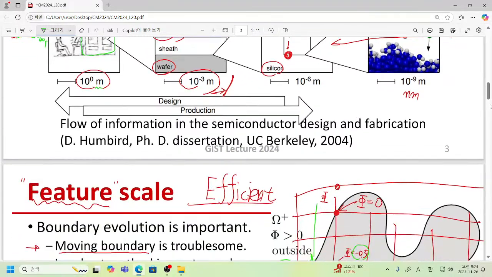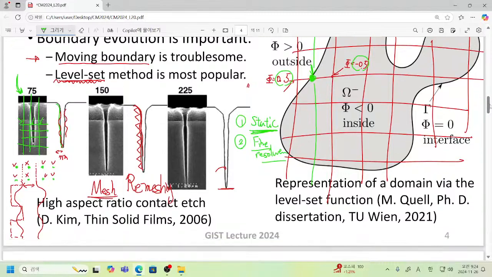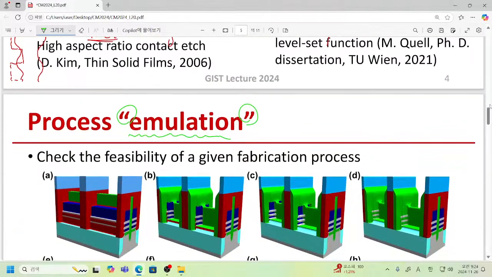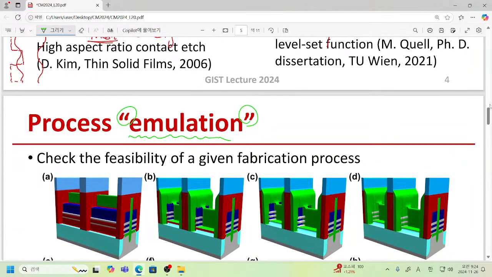However, in so-called process emulation, usually we don't care about much detail of that, just to trace the change of boundaries.